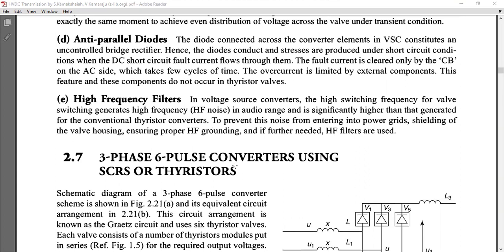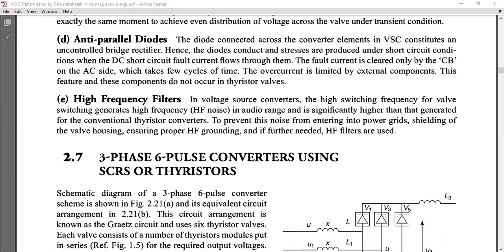And anti-parallel diodes. See here, we are using the anti-parallel diodes combination. These diodes are connected across the converter elements in VSC.